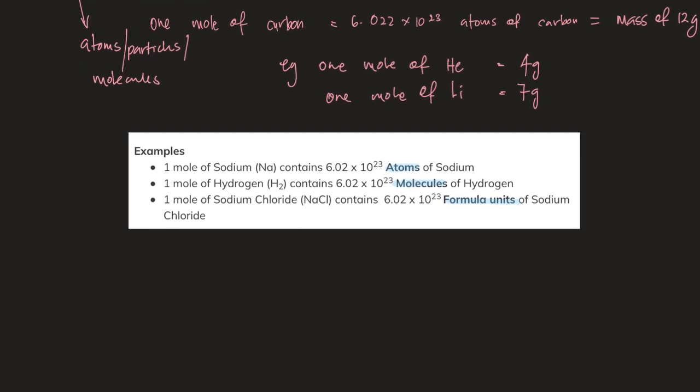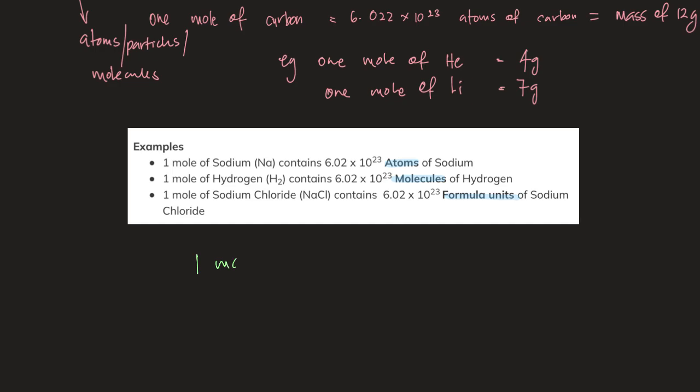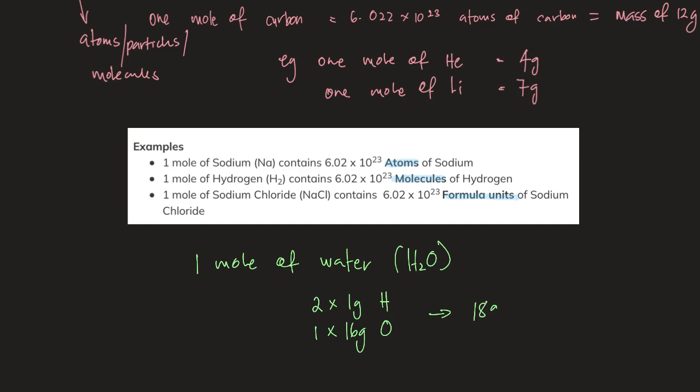So if I had, for example, 1 mole of water, okay, which is H2O, I can say that I have 2 times 1 gram of hydrogen and 1 times 16 grams of oxygen, and that should give me 18 grams.